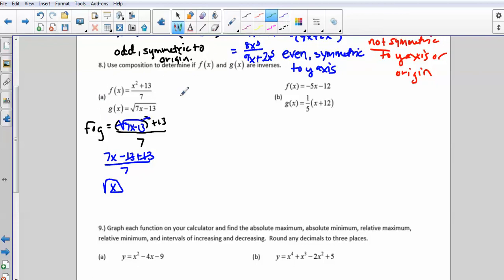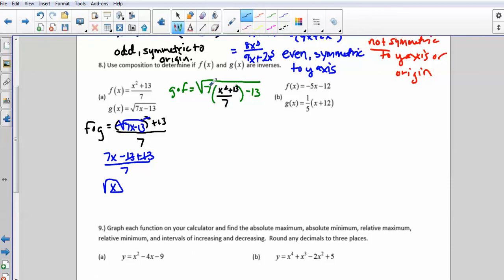Okay, now I'm going to do g of f. My outer function is the square root. Okay, 7 times something minus 13. My inner function is function f, x squared plus 13 over 7.